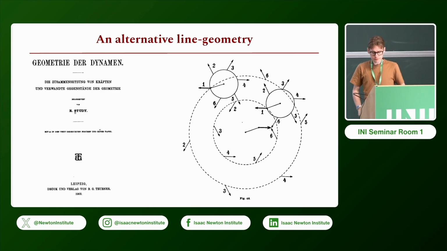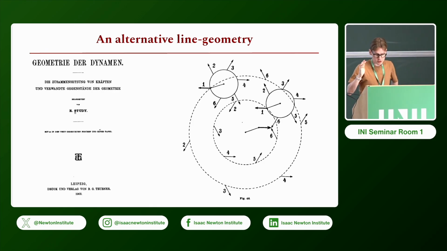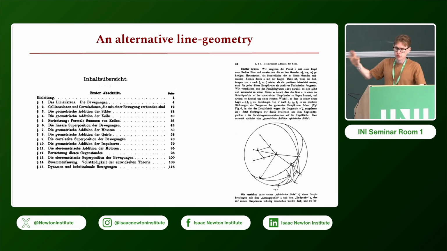And so, just to give you an idea, what does mathematical practice look like in this book? So this is his book on dynamics. The first section is a non-formalized description of geometrical motions and rotations and things like that.